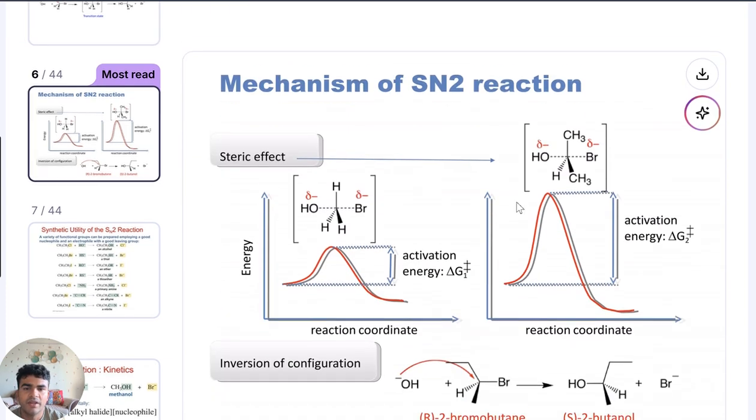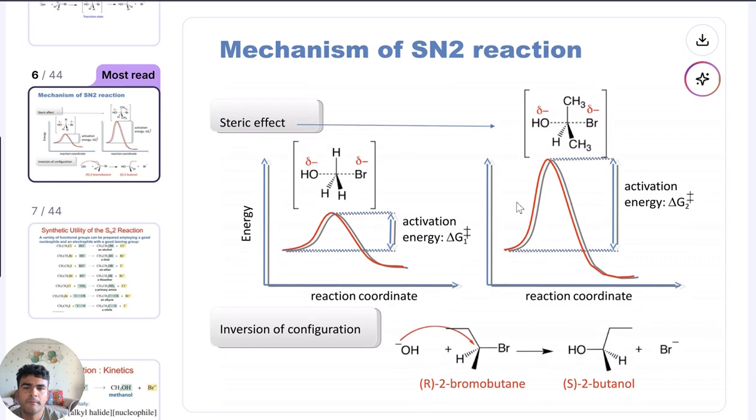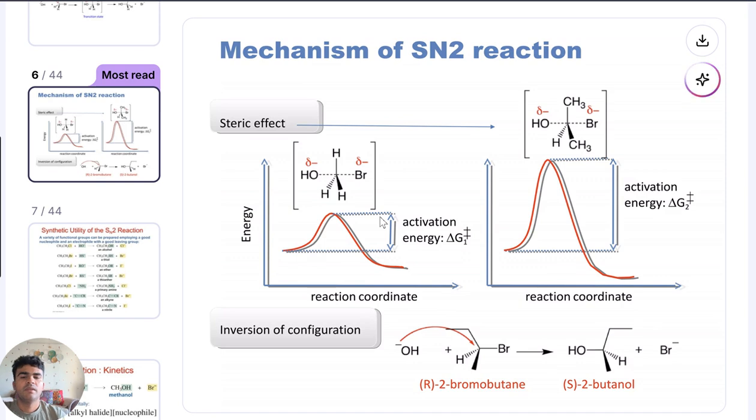Next, the mechanism of SN2 reaction. You can see that if in the transition state the hydrogens are replaced with methyl, then that will create some steric crowding in the transition state.